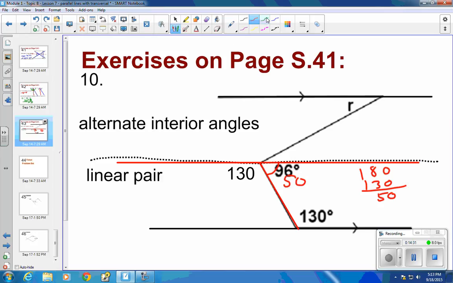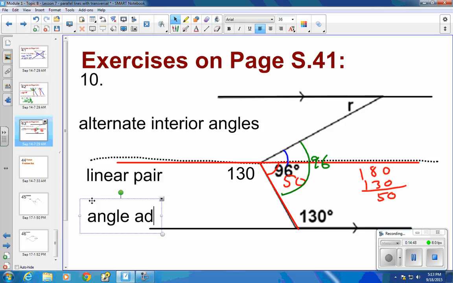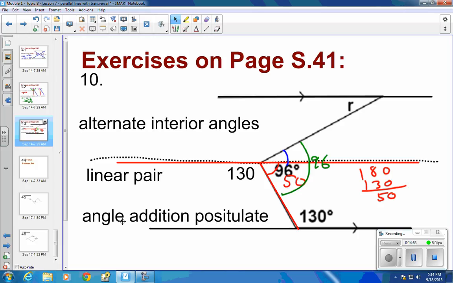And if the whole thing from here to there is 96 degrees, then I can find this piece up here because of my angle addition postulate. The angle addition postulate says that if this is 96, these two little pieces have to add together to get me that 96. So I can take the 96, subtract off the 50, and get 46, and that makes this little piece right here 46.